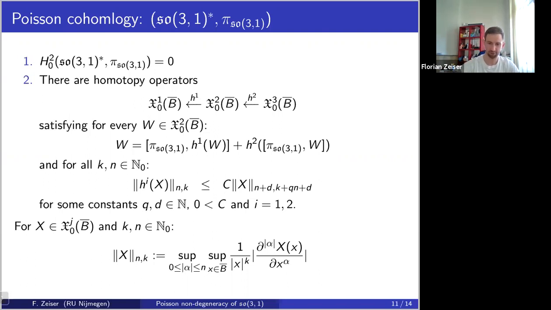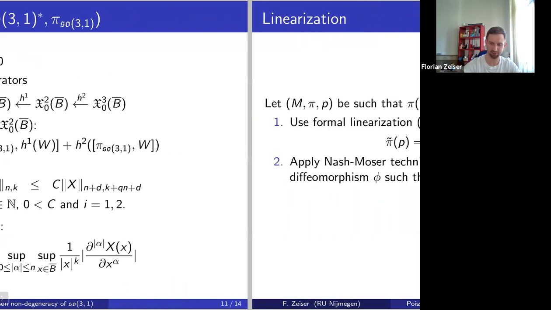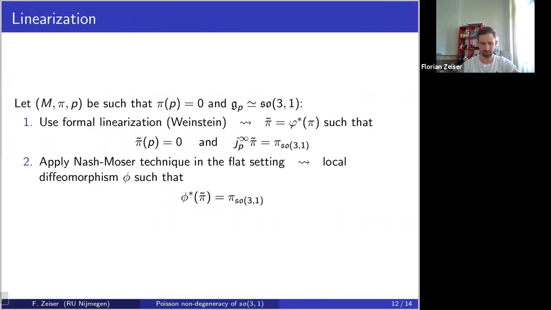Okay, so how do we show the linearization? It's basically a two-step plan. We have again our Poisson manifold (M, π) and a point p such that π(p) is 0. In our case, the isotropy algebra is isomorphic to SO(3,1).